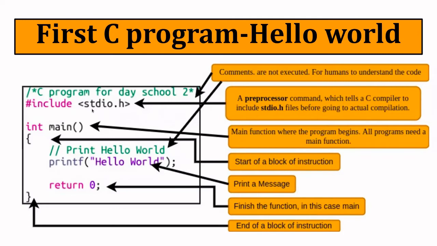These include files are also called preprocessor commands. Preprocessor means that before your program executes, these lines are processed. Therefore, these are called preprocessor commands, which tell the compiler to include stdio.h before going to actual compilation.